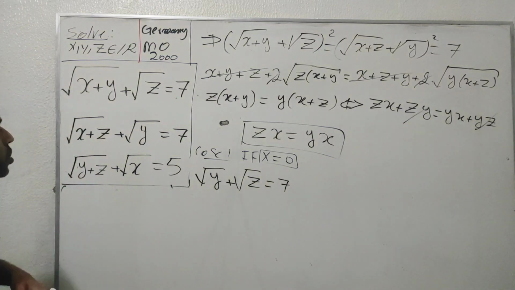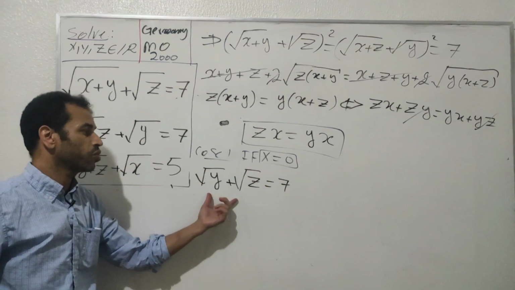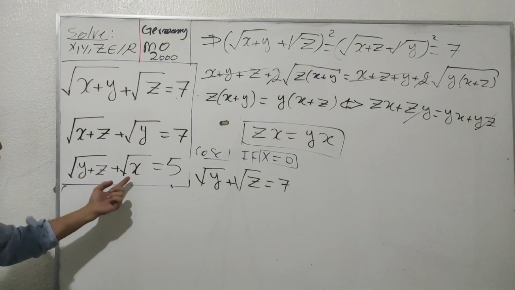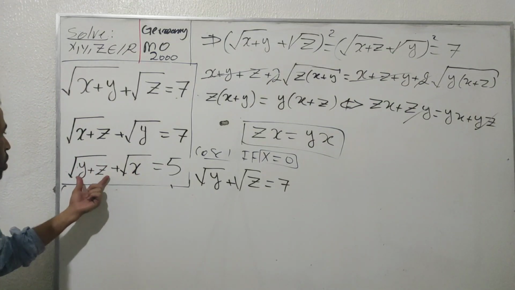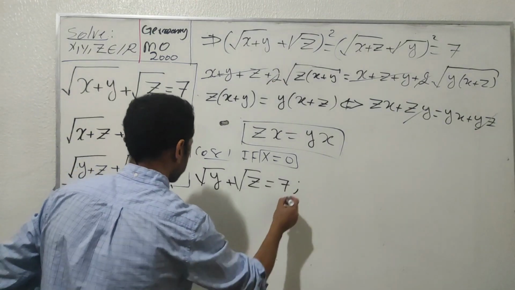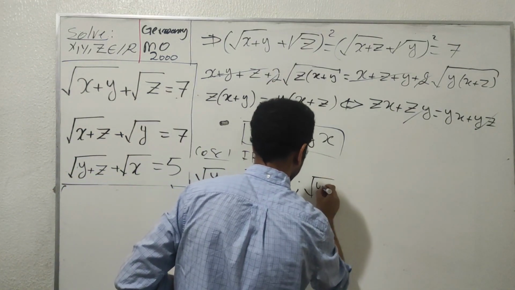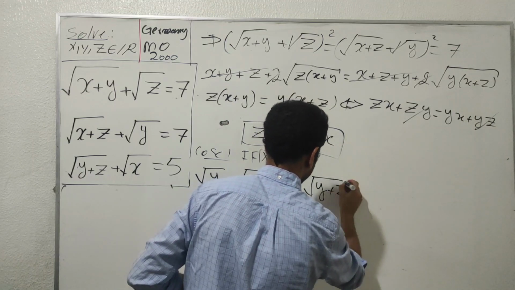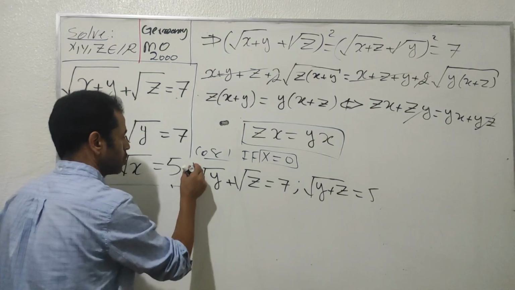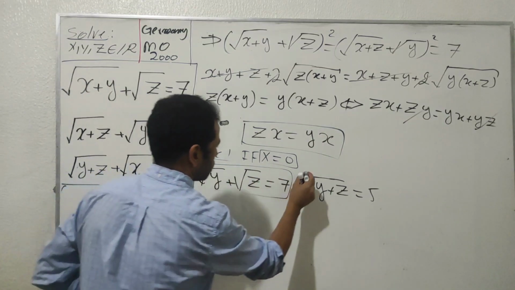The second equation will be the same, so we are not going to repeat it. Let's move on to the last equation. As you put x equals 0, it will be left only with square root of y plus z equals 5. So I have these two following equations.